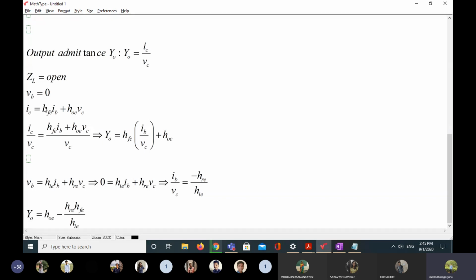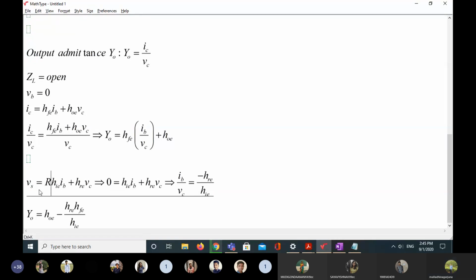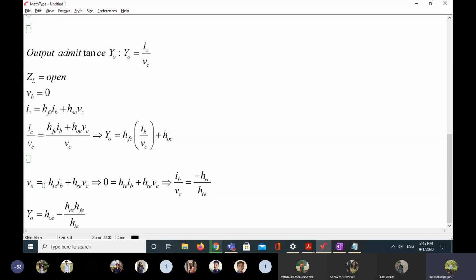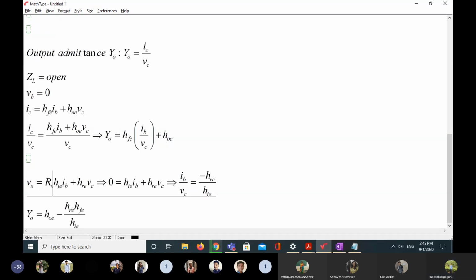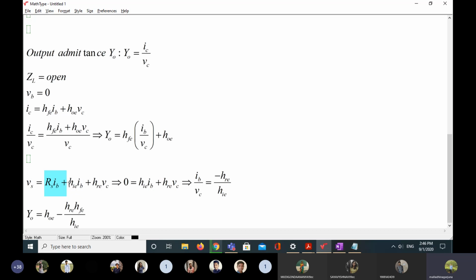Everything is the same, only the change occurs here, because this becomes your VS. So there is one extra term.